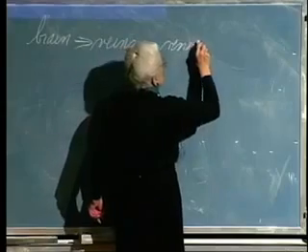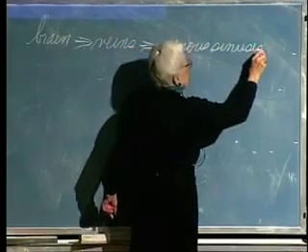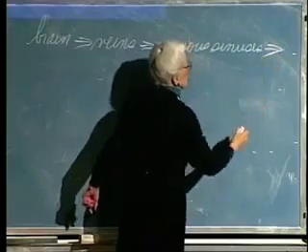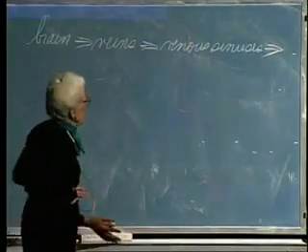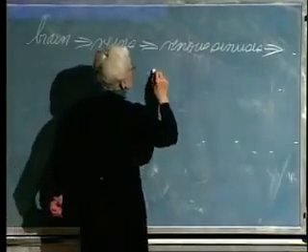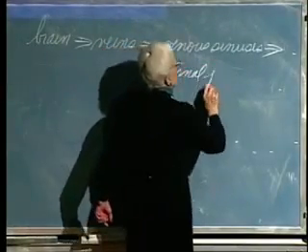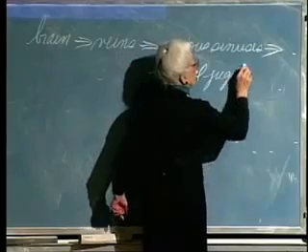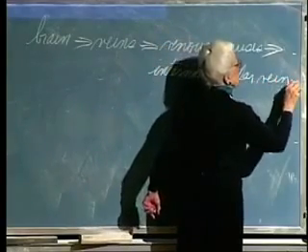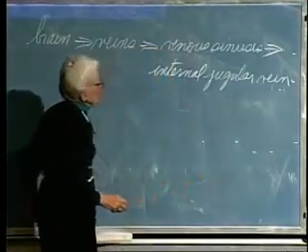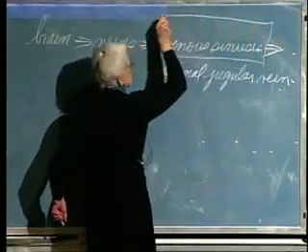Venous sinuses. And from venous sinuses, it's going to leave the brain and go into the internal jugular vein outside the skull.